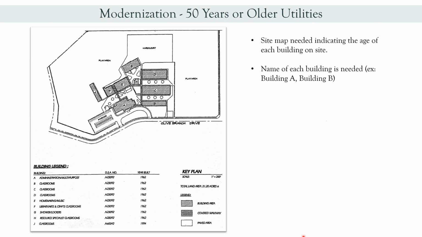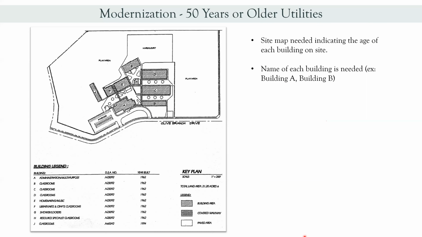Okay, if you're submitting this type of project, it is a must to submit a site map indicating the age of each building on site as well as the name of each building. Here's an example of a site map that was submitted by a district.